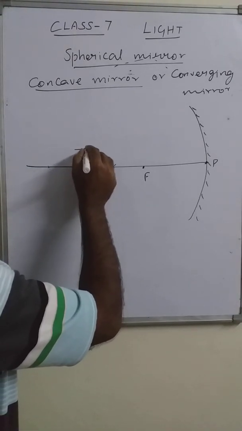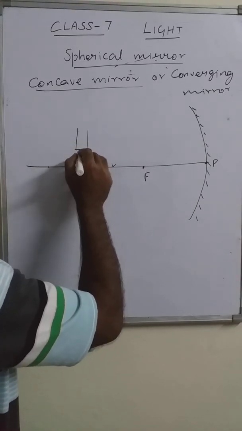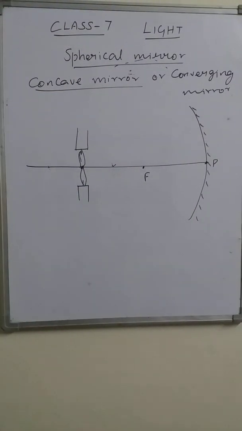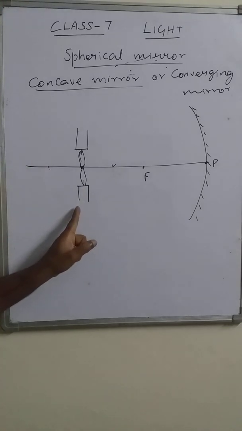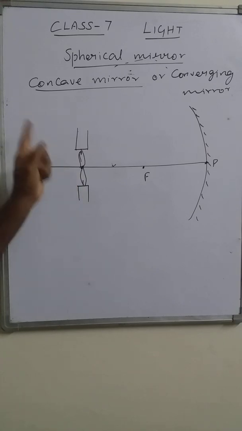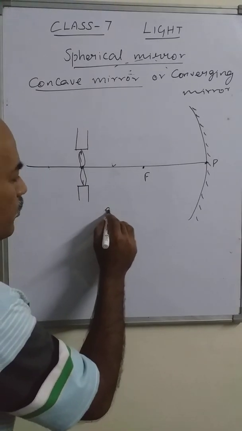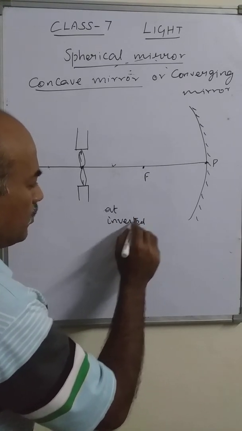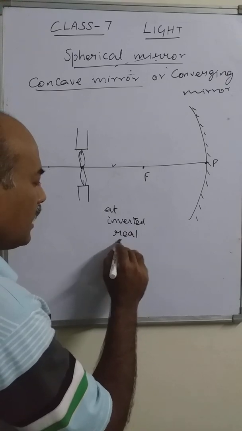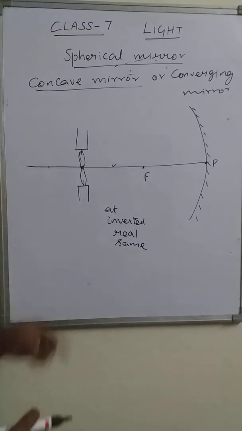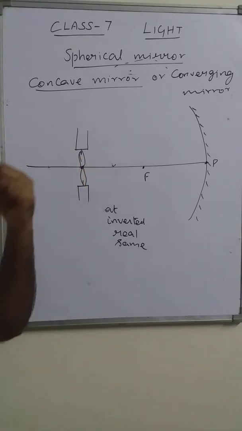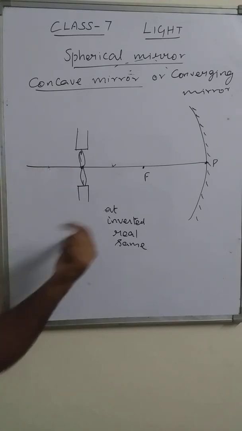You will see one more thing also: the size of the flame will be the same. Whenever we get the same size of flame, that means the image is also formed at the center of curvature. Inverted means it is real also, real and the same size. That means the same candle flame is moved from behind the center of curvature to the position of C, and its nature has changed; the size has changed.